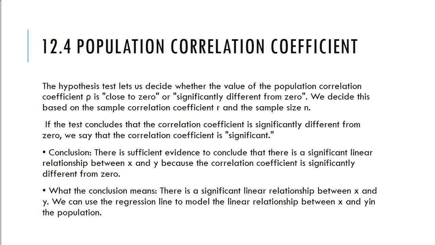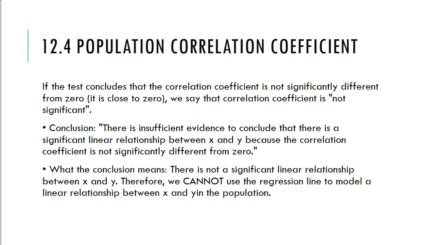So our conclusion is that there is sufficient evidence to conclude there's a significant linear relationship between X and Y because the correlation coefficient is significantly different from zero. Okay, we're going to do an example because I know this is kind of confusing. Again, what does the conclusion mean? That there's a significant linear relationship between X and Y. We can use the regression line model between X and Y to estimate our population.